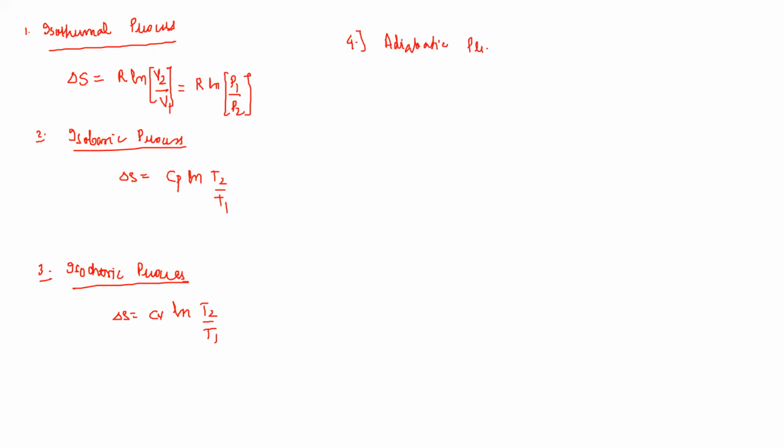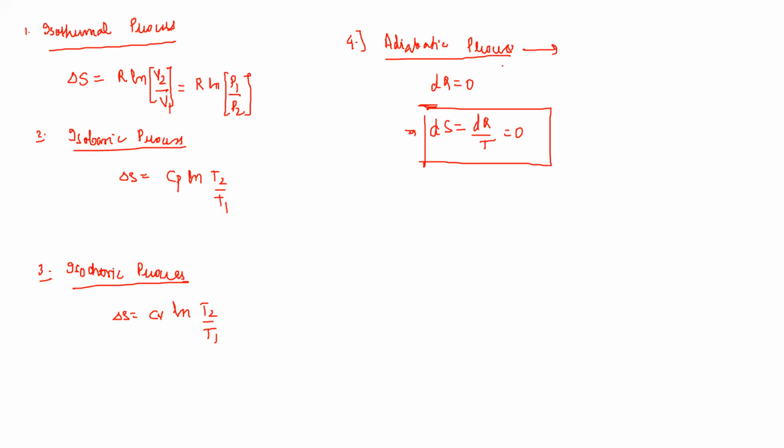So for an adiabatic process, you know that dq is equal to 0, right? Therefore, dS, which is dq by T, is also going to be equal to 0. Hence, a reversible adiabatic process can also be termed as an isentropic process.